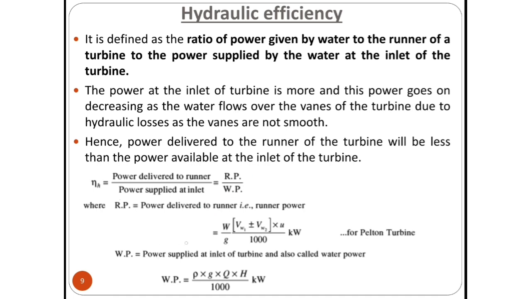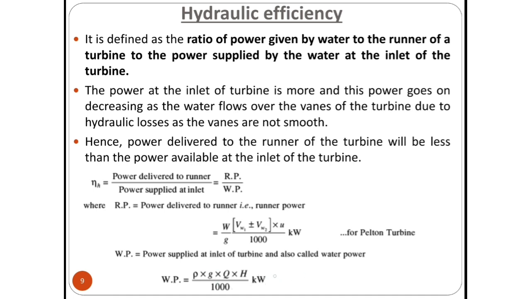Runner power we can calculate using the formula. This is a general formula that is given for the Pelton turbine, that is nothing but the work done by the runner. So that formula you can use as the runner power. Water power we can calculate using the formula rho g q h divided by 1000.